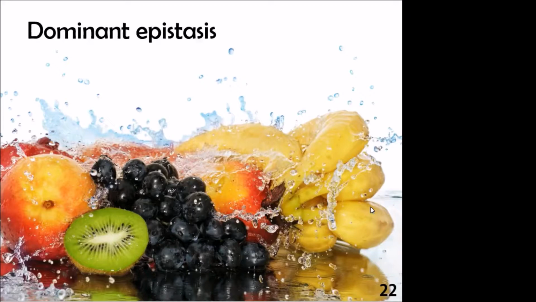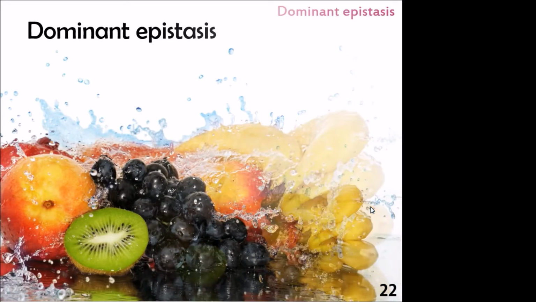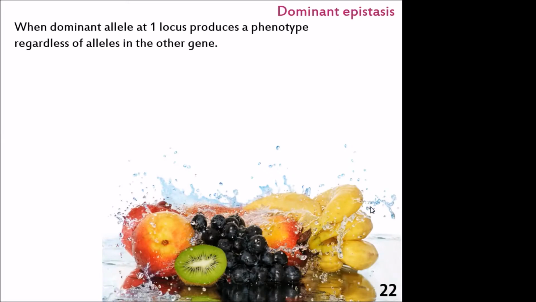Okay, now let's go to dominant epistasis. Alright? In dominant epistasis, from its name, it means that when you have one dominant allele at one gene locus, it will produce a phenotype regardless of what's on the other gene locus.